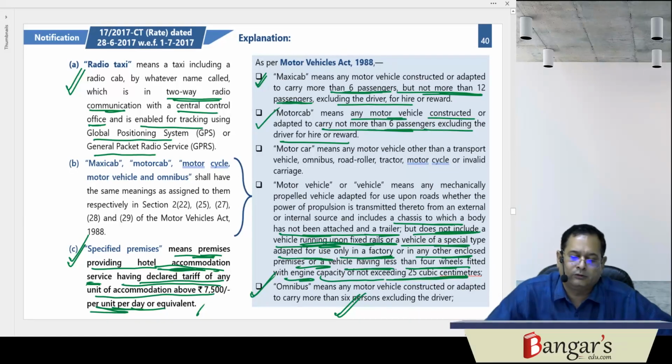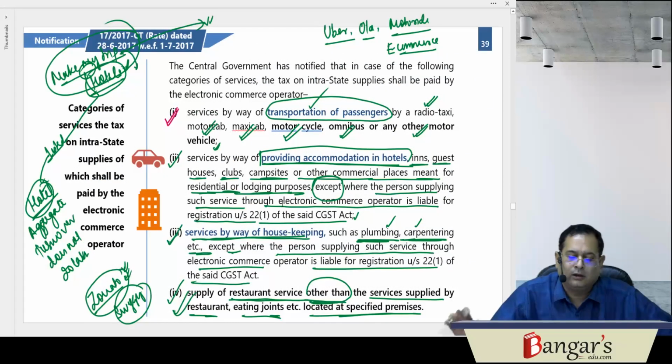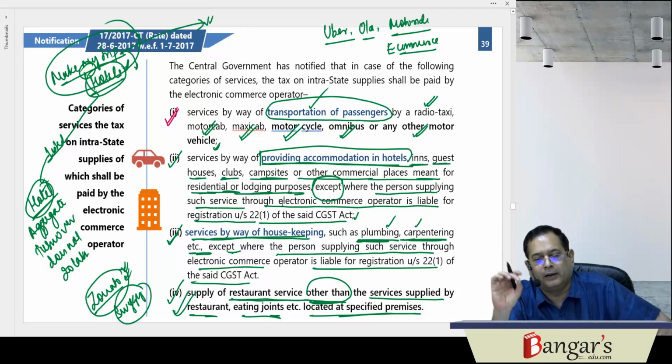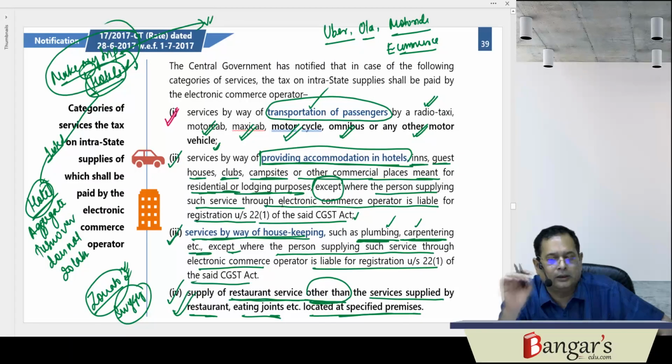Now this is Swiggy, Zomato, etc. They will be regarded as e-commerce operator, and the e-commerce operator will be liable to pay tax on the same. So supply of restaurant services other than services supplied by restaurants, eating joints, etc., located at what? The specified premises. So these are the e-commerce operators. They are required to pay GST on these specified services.